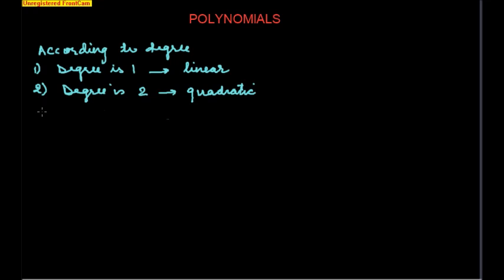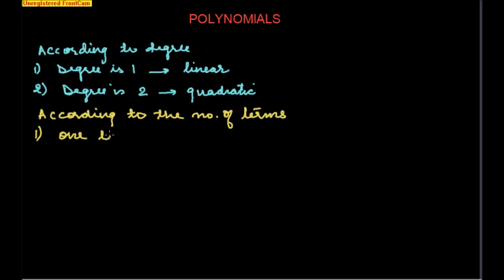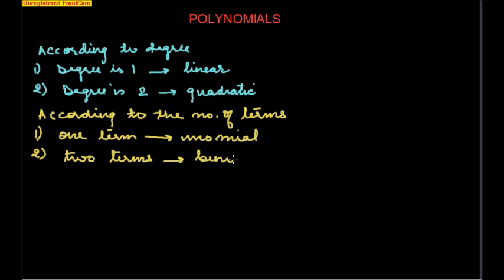Apart from degree, the polynomials can also be divided according to the number of terms. If there is only one term, then it is known as monomial. If there are two terms, then this is known as binomial.